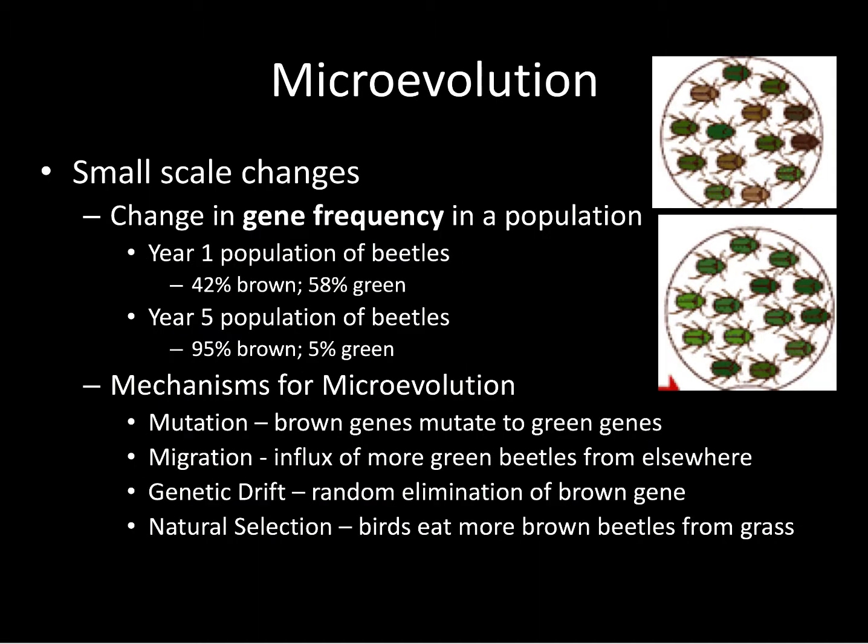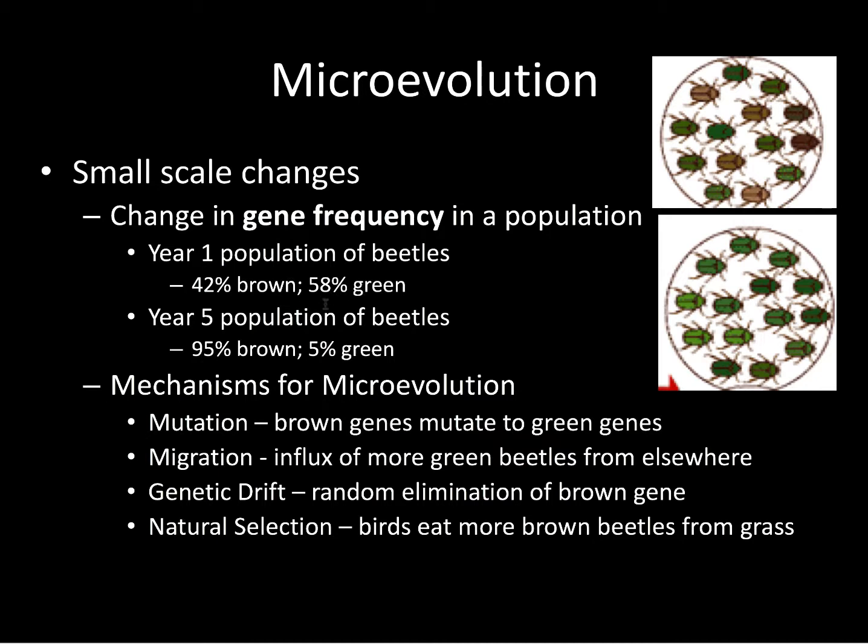Your book mentions this idea of microevolution. These are small-scale changes in how often a particular gene occurs. In this case, let's say we have brown beetles and green beetles. When you first look at these beetles, you see about 42% brown and about 58% green.